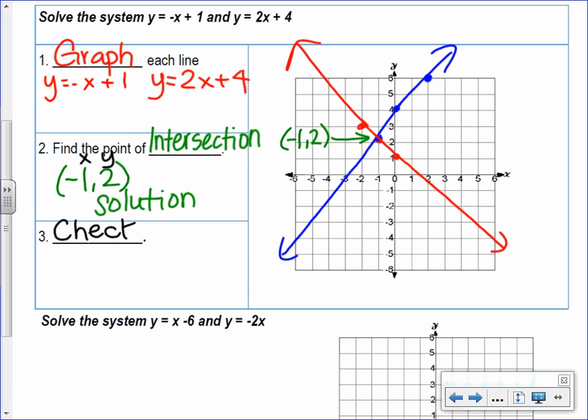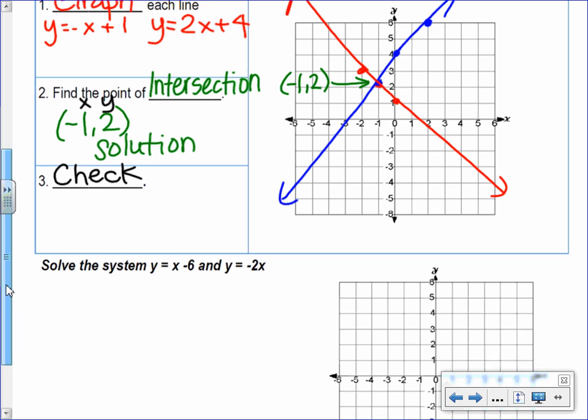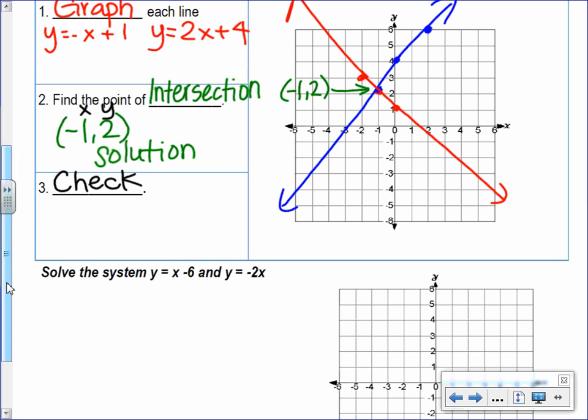I understand some of you don't like checking, so it's up to you, but if you miss it or get it wrong on a test or a quiz or even homework, I'm going to say, did you check it? Let me show you how to check it. I'm going to do the first one and then allow you to do the second one. I'm going to check to see if it works for y equals negative x plus 1. I would highly recommend writing this down with me.